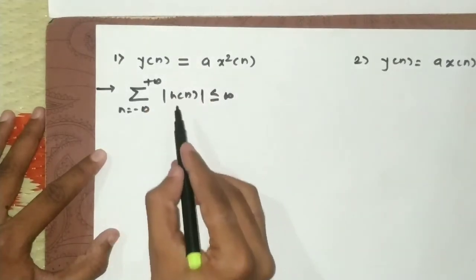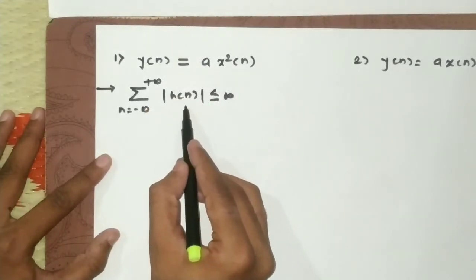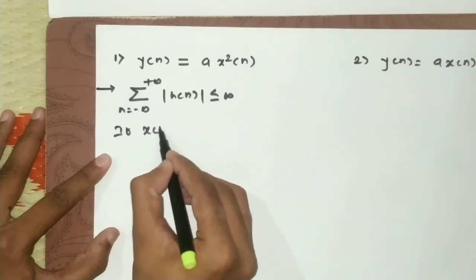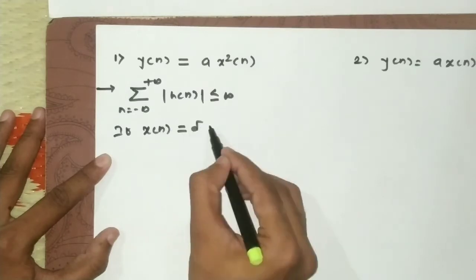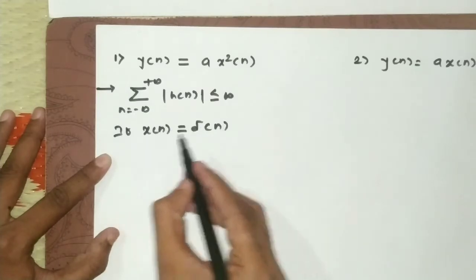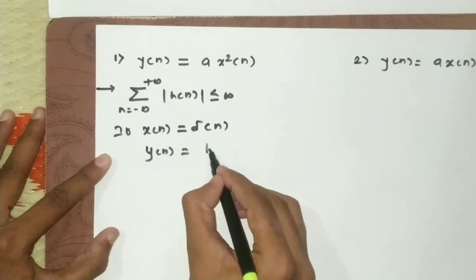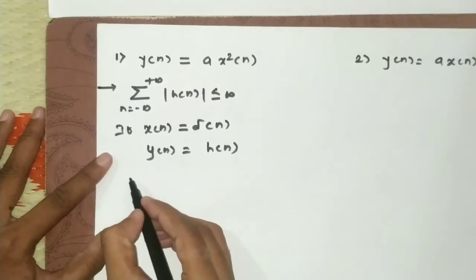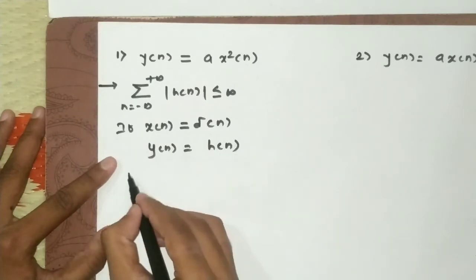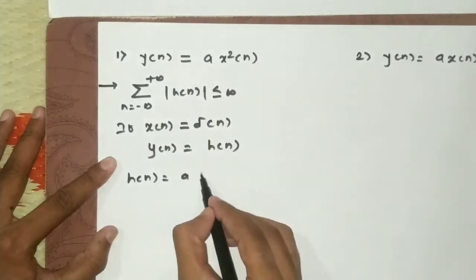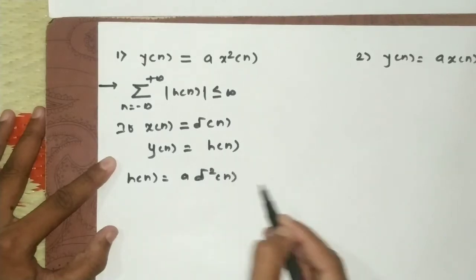In this example they haven't given us h of n directly, so we try to obtain h of n by replacing the input signal with delta of n. So if x of n is delta of n, then the output y of n becomes h of n. So h of n is equal to a delta squared of n.